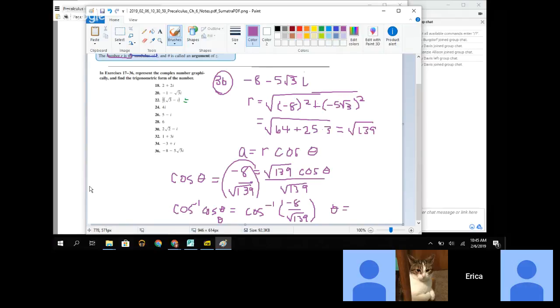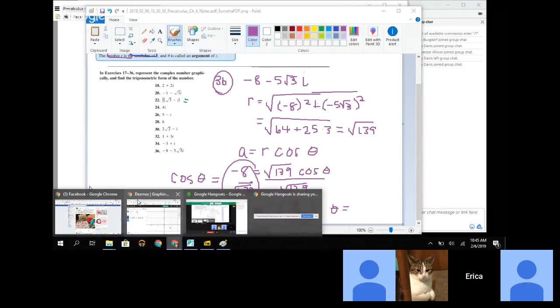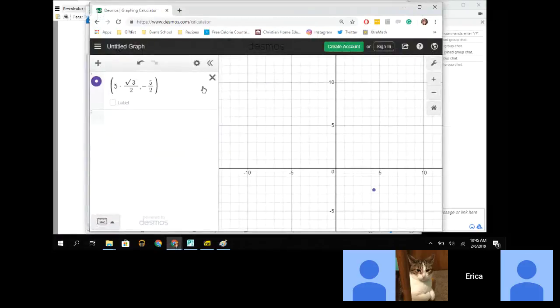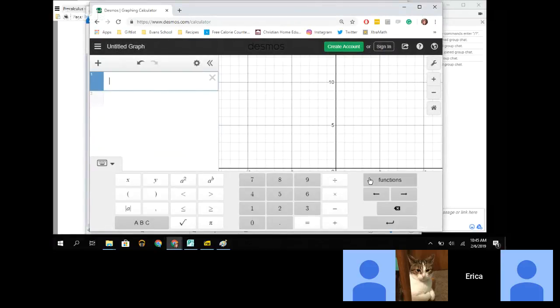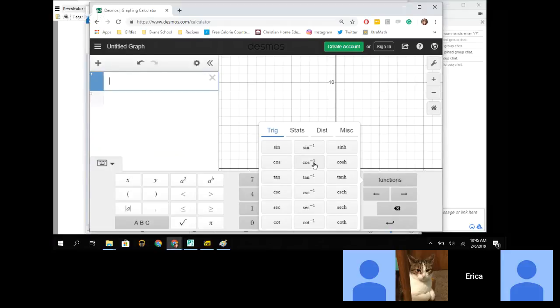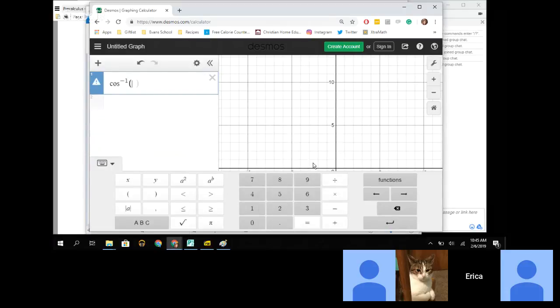Okay, so theta is going to be, and we're working in radians, right? Desmos is in radians. So theta is going to be inverse cosine of -8 divided by the square root of 139.